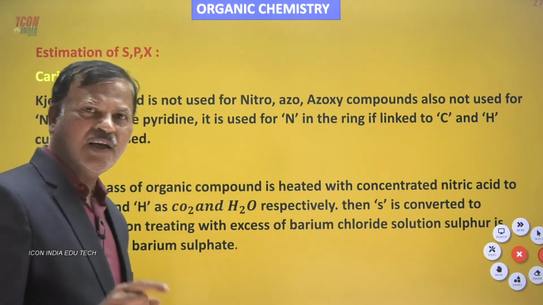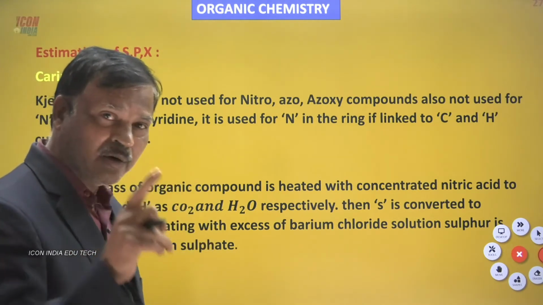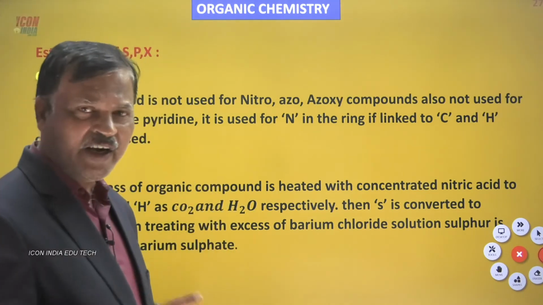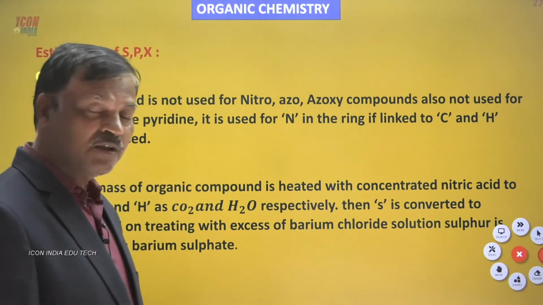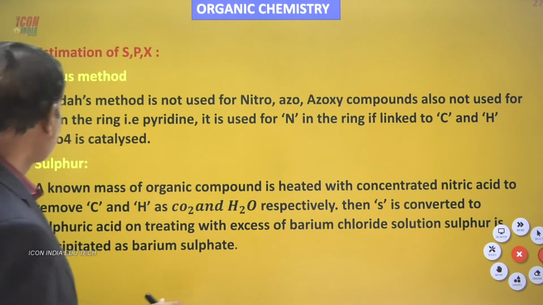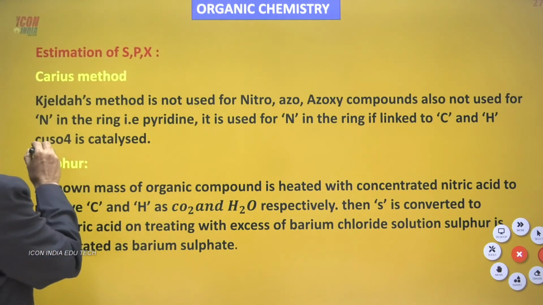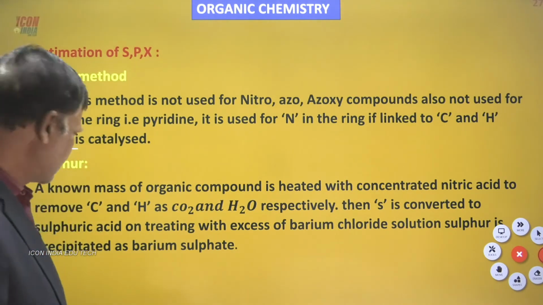That is the reason though these compounds contain nitrogen, still it cannot be estimated in the Kjeldahl's method, but Dumas method is applicable to all compounds. Okay. One more point you can note down: copper sulfate will act as catalyst in this Kjeldahl's method.